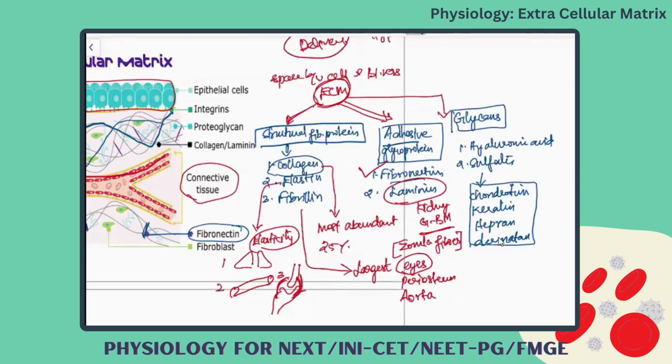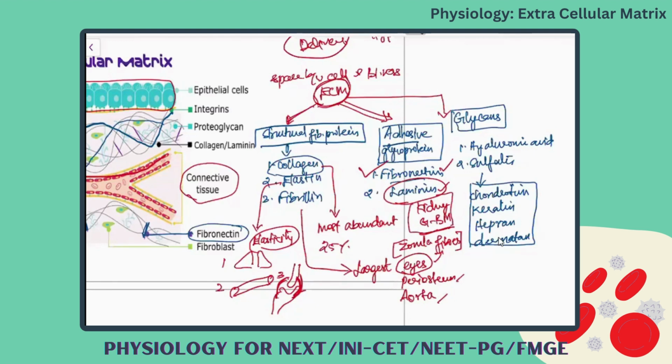The largest glycoprotein is fibrillin, which has its major role in the zonular fibers of the eyes, the periosteum and the aorta. Coming to the adhesive glycoproteins, the most commonly involved is fibronectin, and laminin has its major role in the kidney, in the glomerular basement membrane.